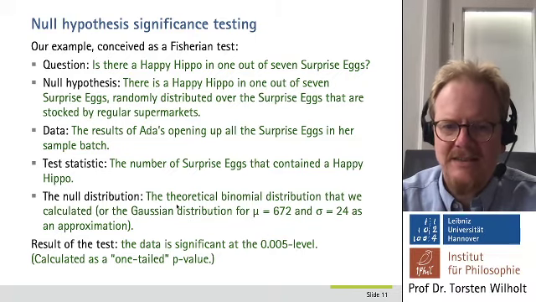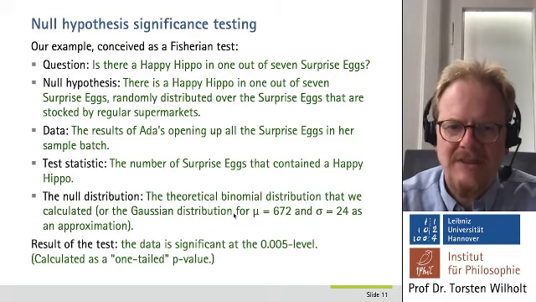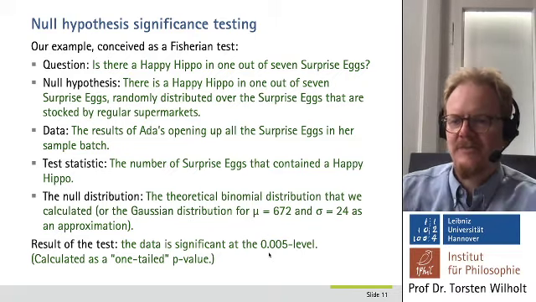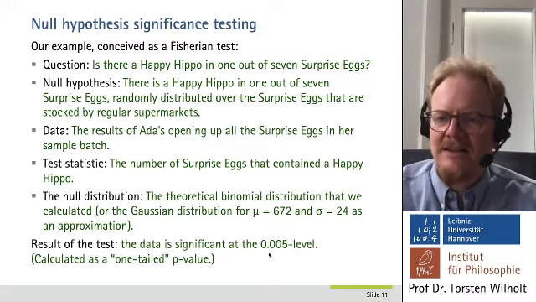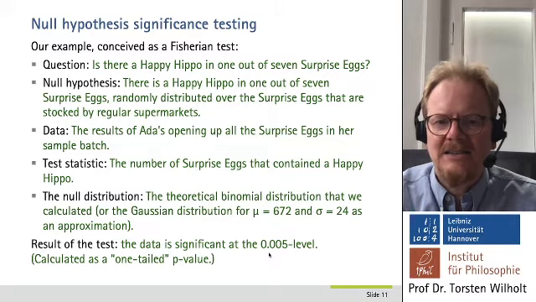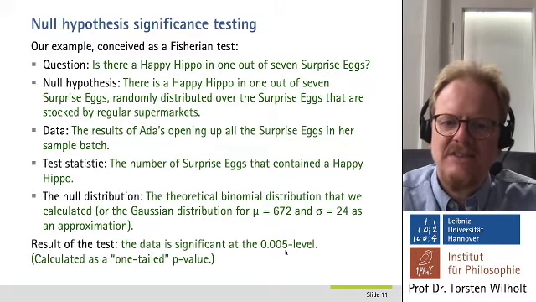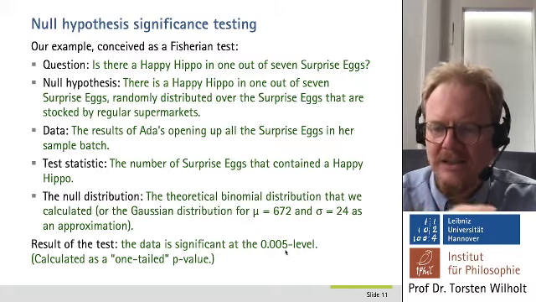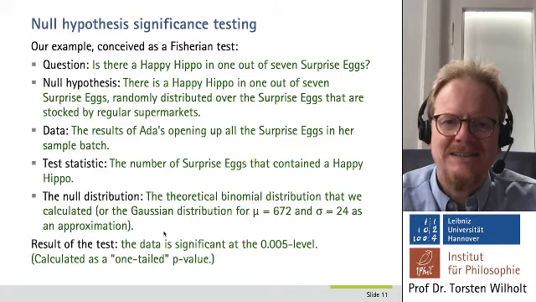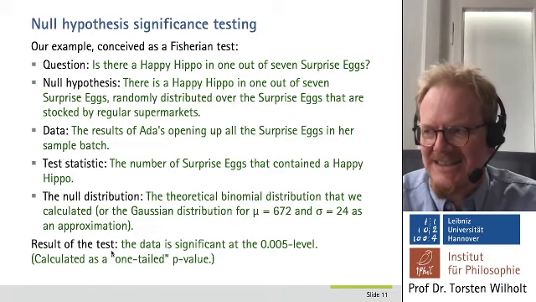That means that the p-value that I give here expresses the fact that it is 0.005 probability of getting the result that Ada got or even less.